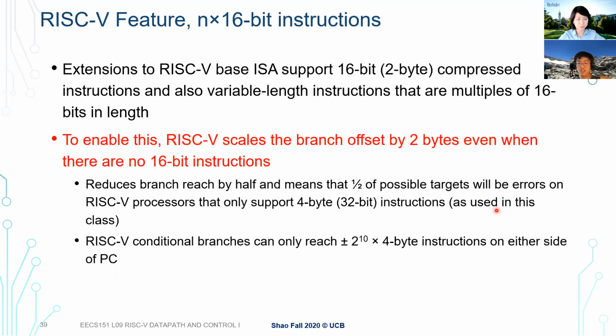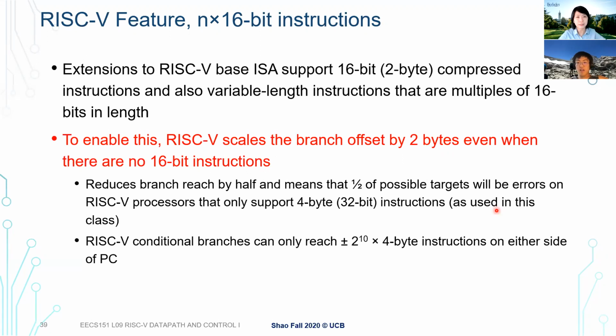We need to look at the granularity that we're jumping around for branch instructions. So far, most of our discussions have been about 4-byte or 32-bit words, but branch is a special case where we're actually navigating around 16-bit or 2-byte fields.